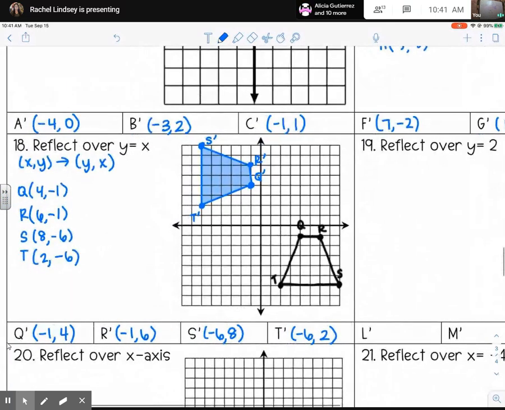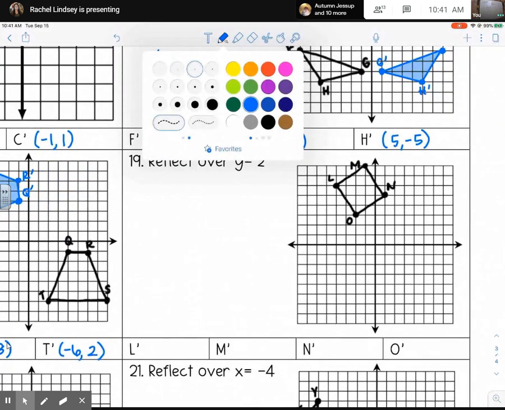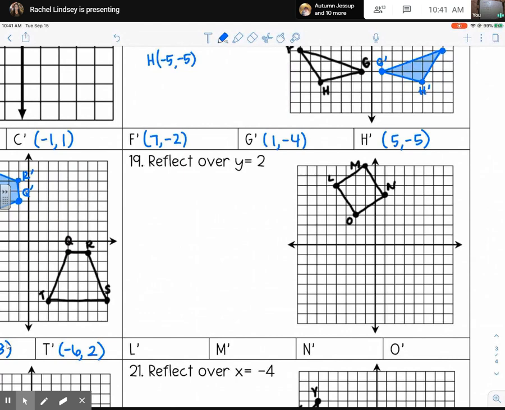So number 19, we are going to reflect over y equals negative 2. I'm going to draw a dotted line at y equals, or y equals positive 2, not negative 2. So I'm going to go on my y-axis to 2 and draw my horizontal line for y equals 2.